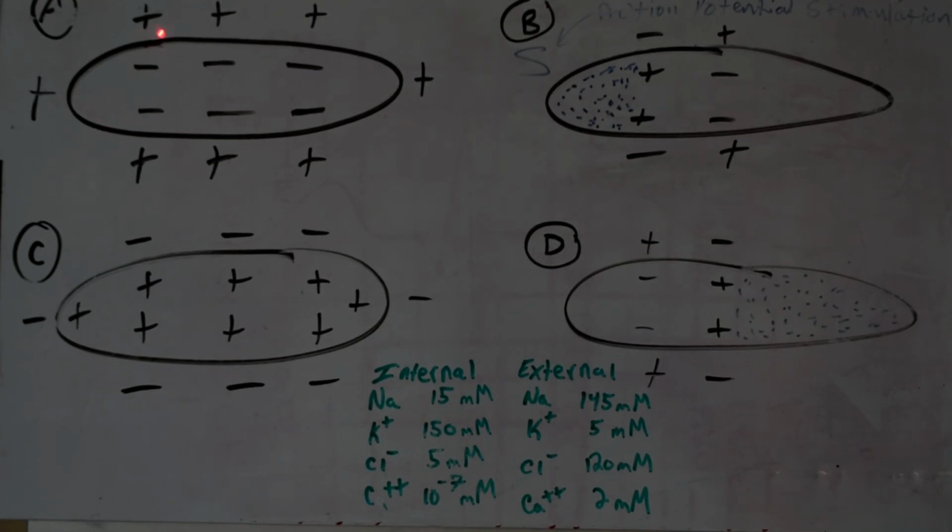So what's happening is up in here, we have sodium 15, potassium 150. And then over here, we're looking to get more sodium in and potassium out.